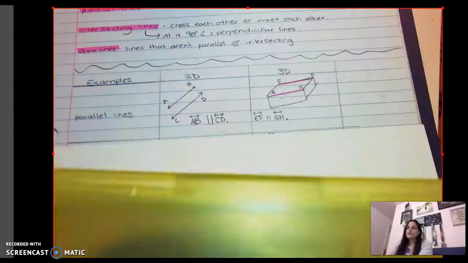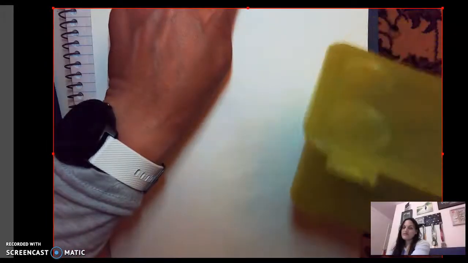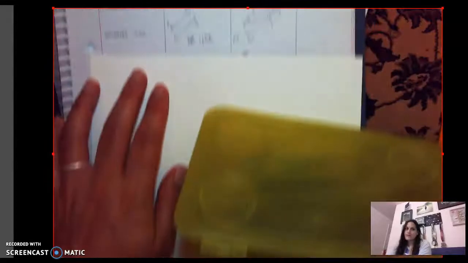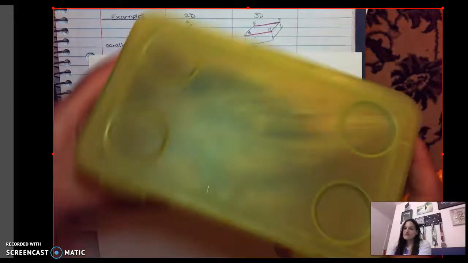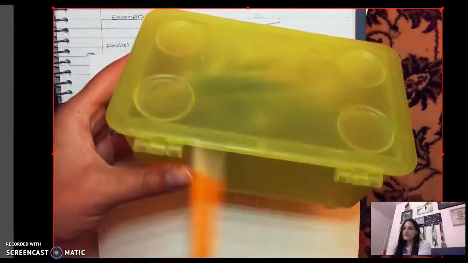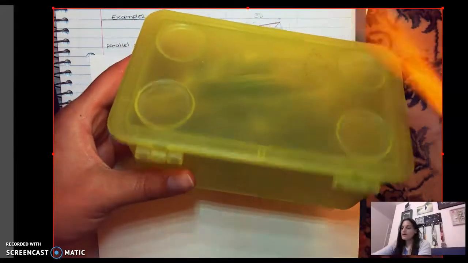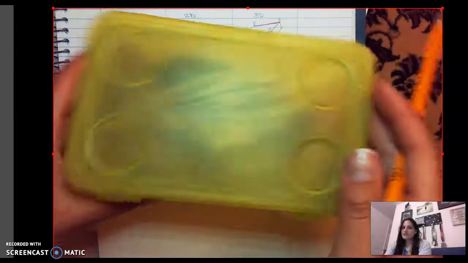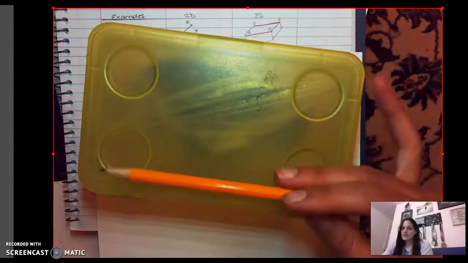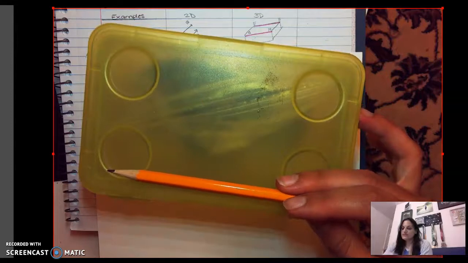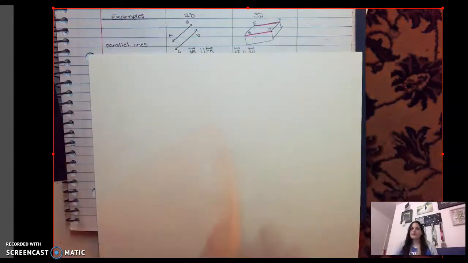So if I was looking at a box, those two pink lines here will be the same as if I were looking at this line here and that line here. So if I turned it straight, these two lines do not touch each other. So those are also parallel.